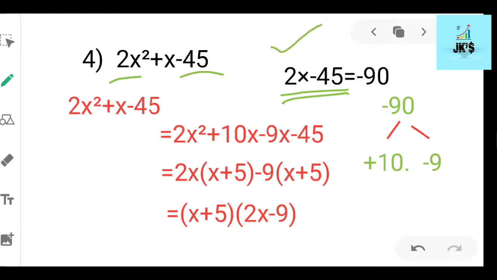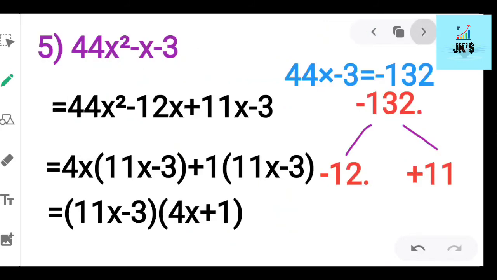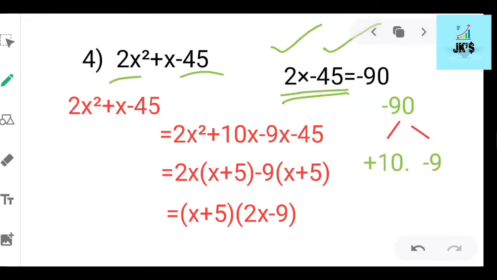The coefficient of the square term is 2 and the constant term is minus 45. 2 into minus 45 is minus 90. Now we have to factorize this minus 90 such that their difference is 1. The coefficient of x is not given, meaning it is 1x. So the product of those numbers is minus 90 and the difference is 1.